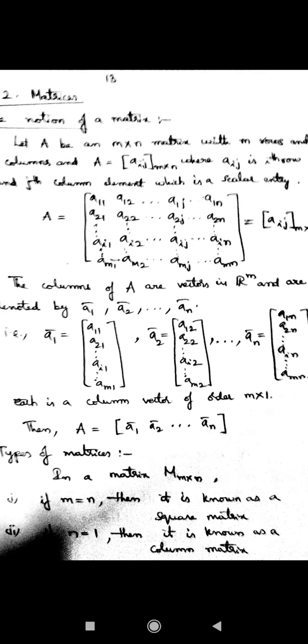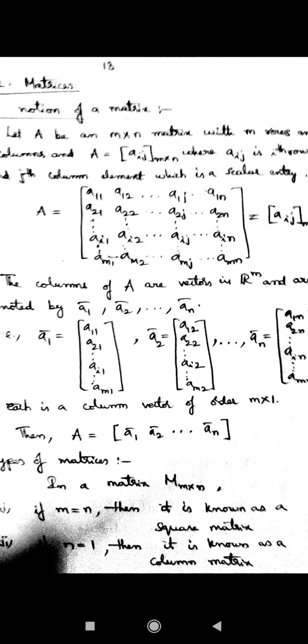Each is a column vector of order m by 1. Here, whatever we are taking as A1 bar, A2 bar, so on, An bar, are vectors, but they are nothing but columns of matrix A, and each of these vectors is of order m by 1 because there are m rows and a single column in each of the vectors.